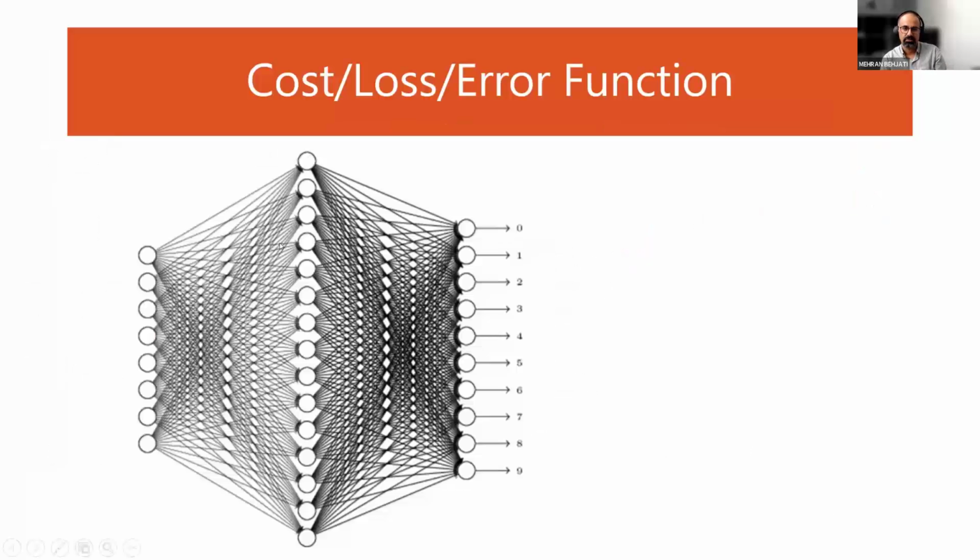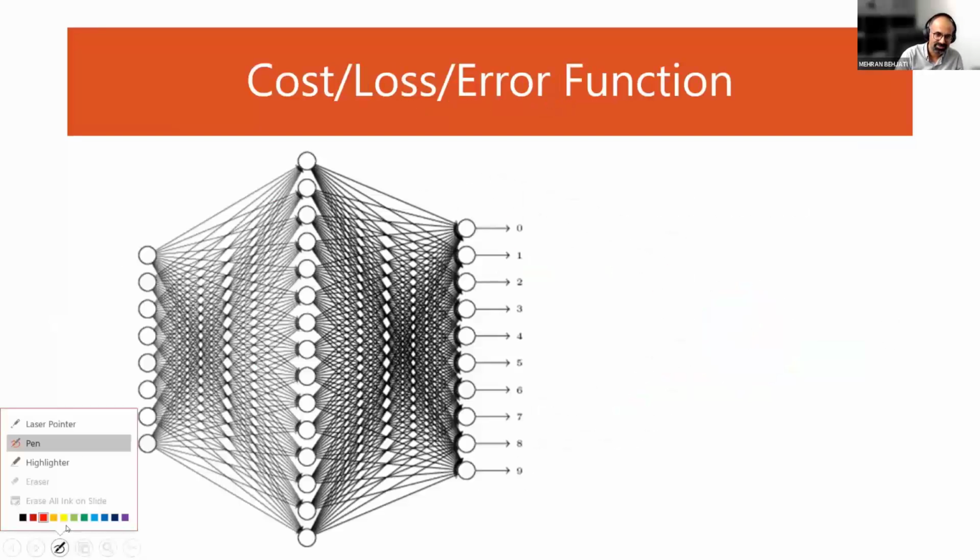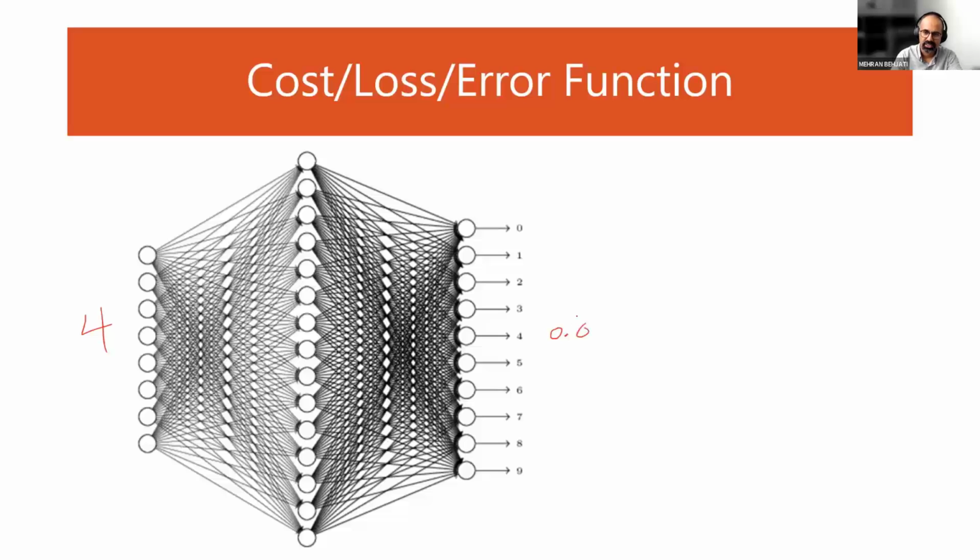If we assign a massive number of random numbers, the output won't make sense, or it cannot make an accurate prediction. So, for example, assume that we feed our network with a number. We feed this network with the number 4, and what we expect is, for example, a very positive number here, like 0.8.